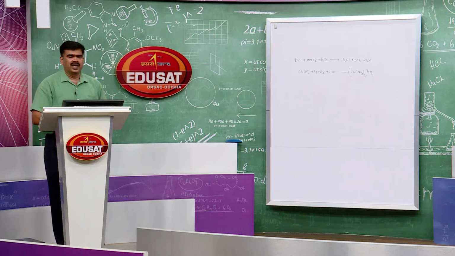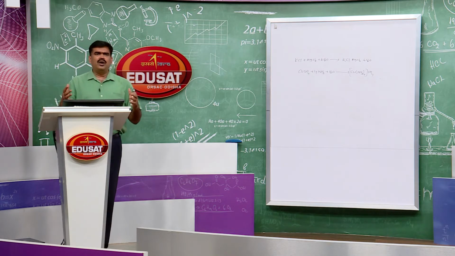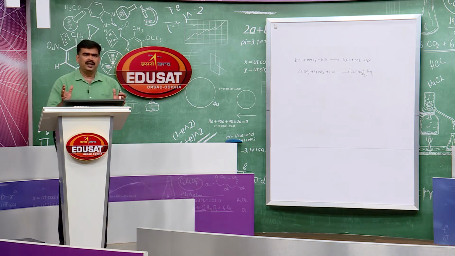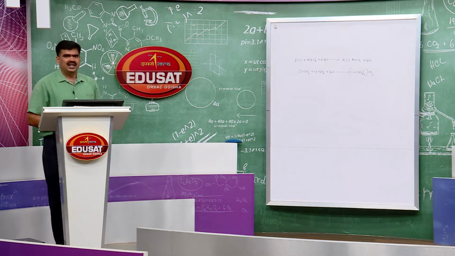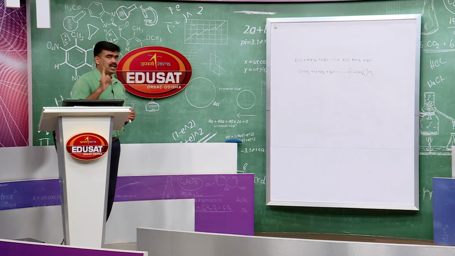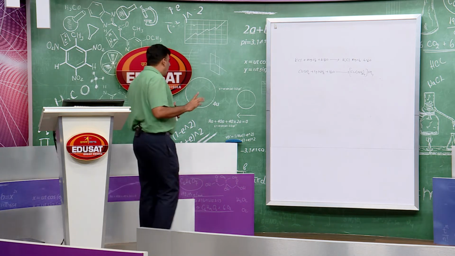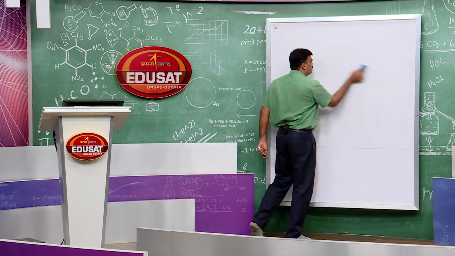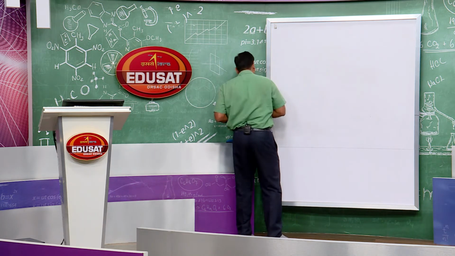Now, complexes. How many types of complexes are there? You see, when you deal with complexes, you will see there are 4 types of complexes. One is the cationic complex, then the anionic complex, and neutral complexes.